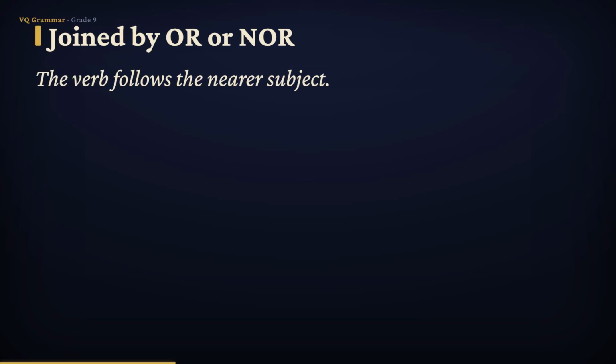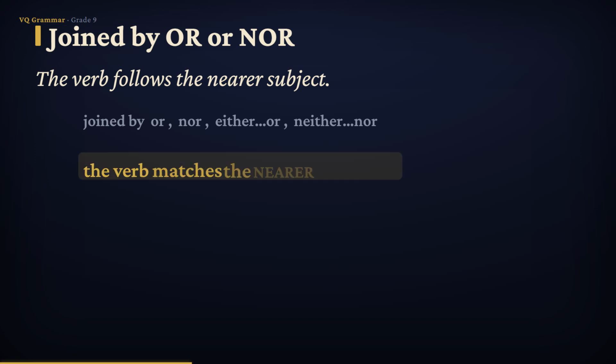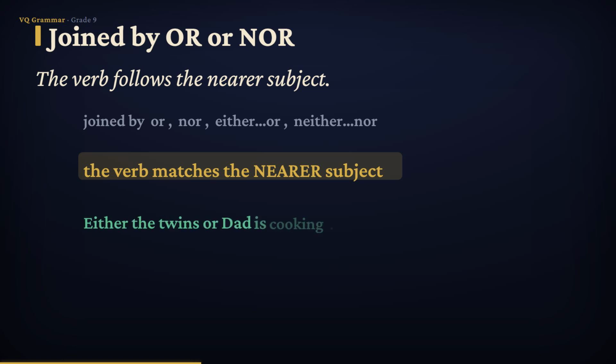Now, things get interesting when the joining word is or or nor, including the pairs either, or, and neither, nor. Here, you do not simply add the subjects together. Instead, the verb agrees with whichever subject is nearer to it, the one sitting closest to the verb. Watch what that does. Either the twins or dad is cooking.